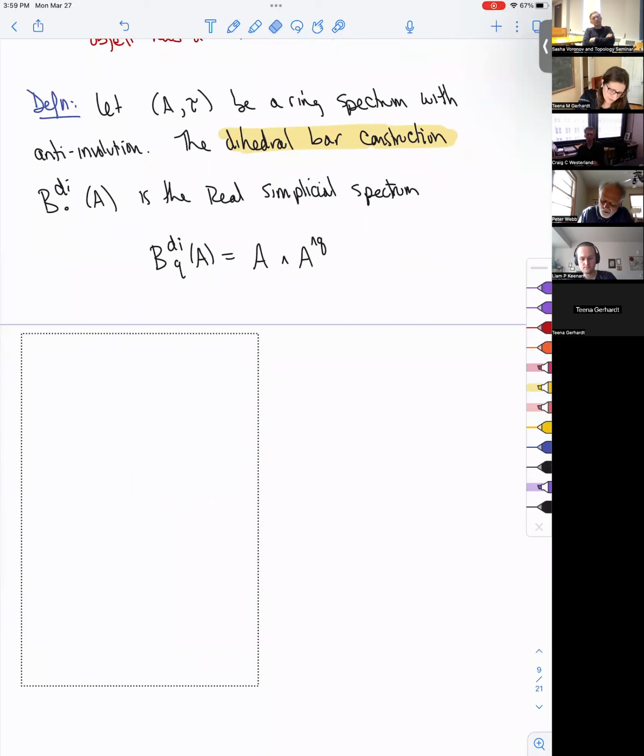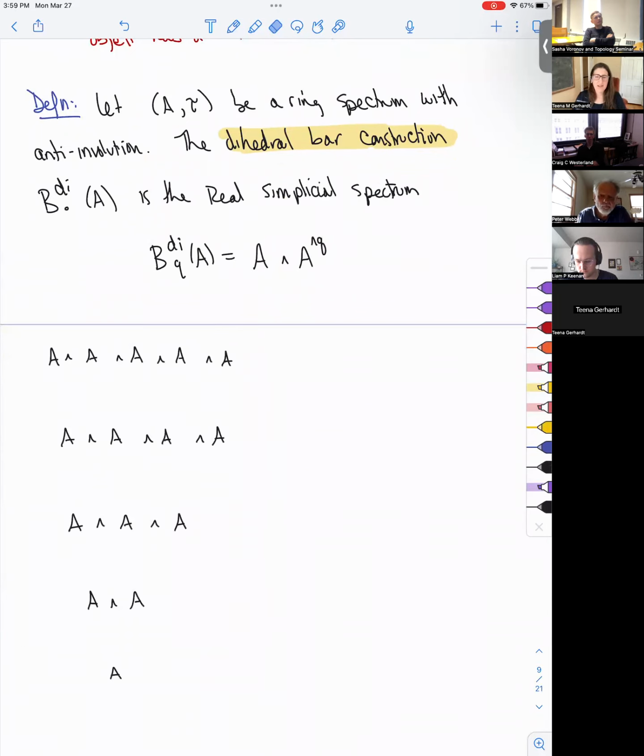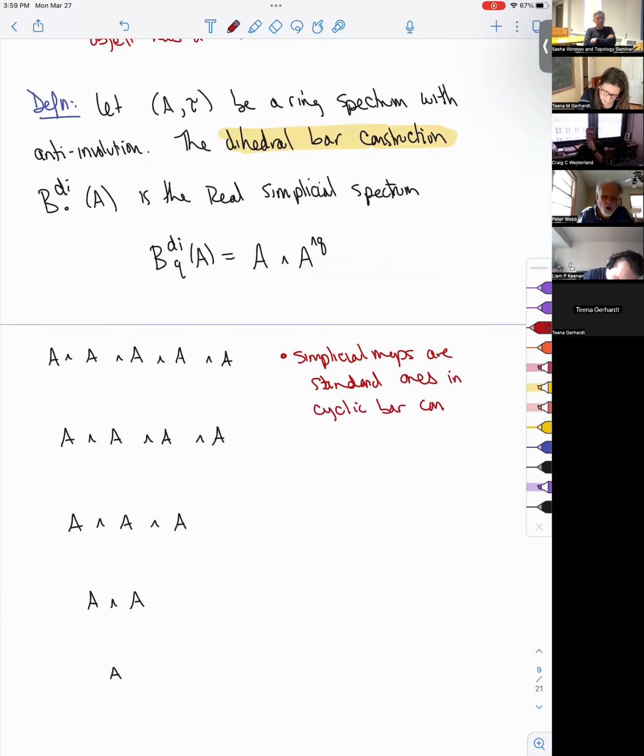Okay, so if I look at my picture, it looks so far just like what we had with the cyclic bar construction. Level 0, I have A. Level 1, I have 2 copies of A, 3 copies of A, etc. And actually it looks even more like the cyclic bar construction than that, because the simplicial maps, the face and degeneracy maps, are just the standard ones, the ones we defined earlier in the cyclic bar construction.